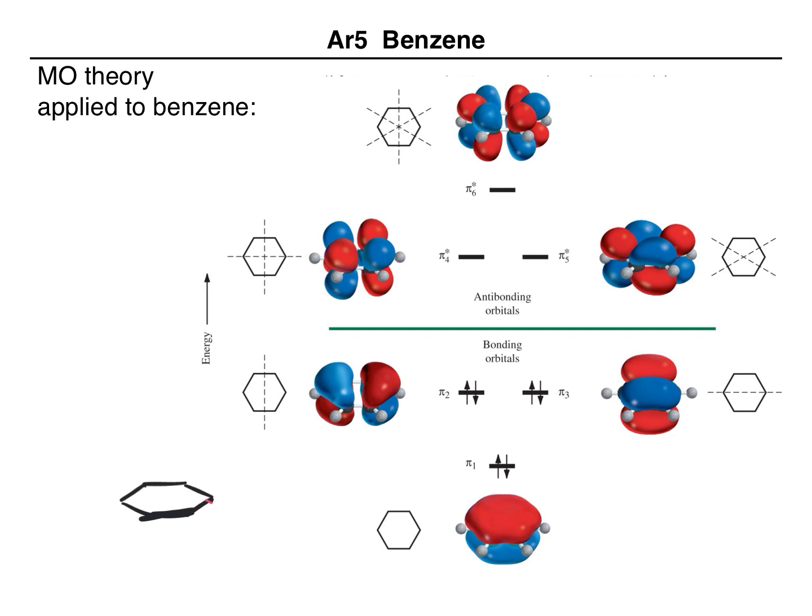If we have all of our p orbitals, the red phase on top, and the blue phase on the bottom, then that gives us this as our molecular orbital.